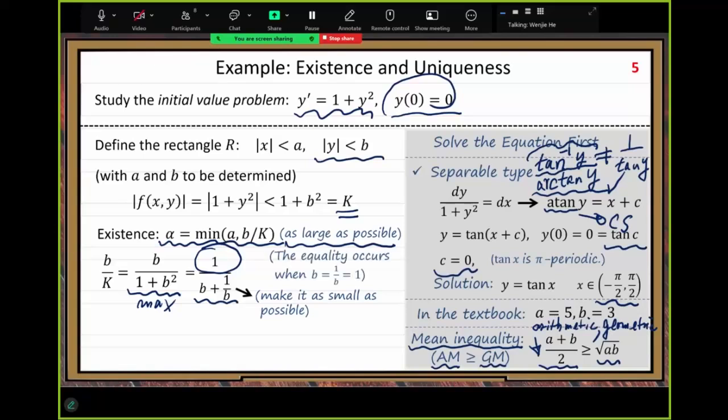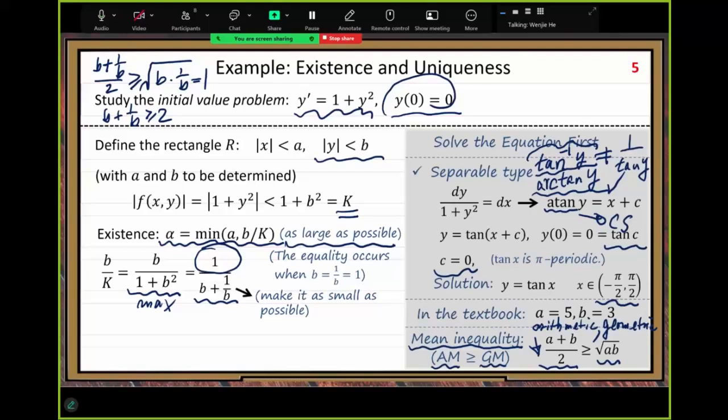Then here, for these 2 numbers, b and 1 over b, the arithmetic mean is this. The geometric mean, b times 1 over b, after cancellation, is 1. That's why you get b plus 1 over b greater or equal to 2.